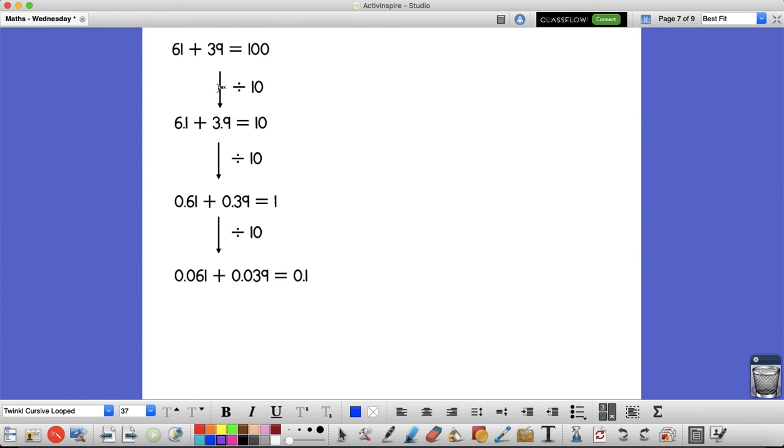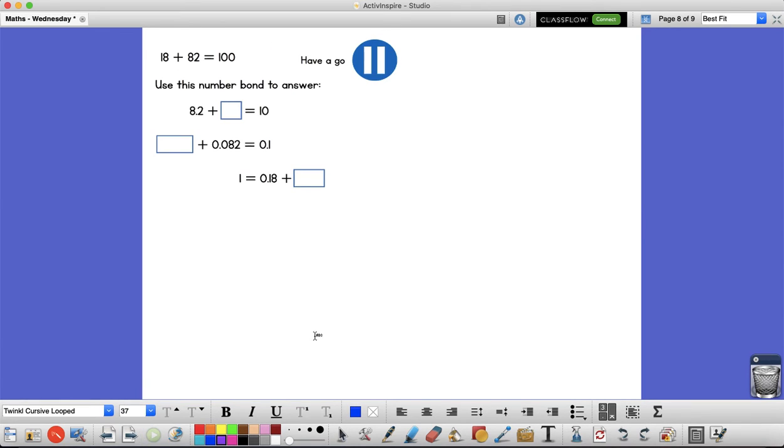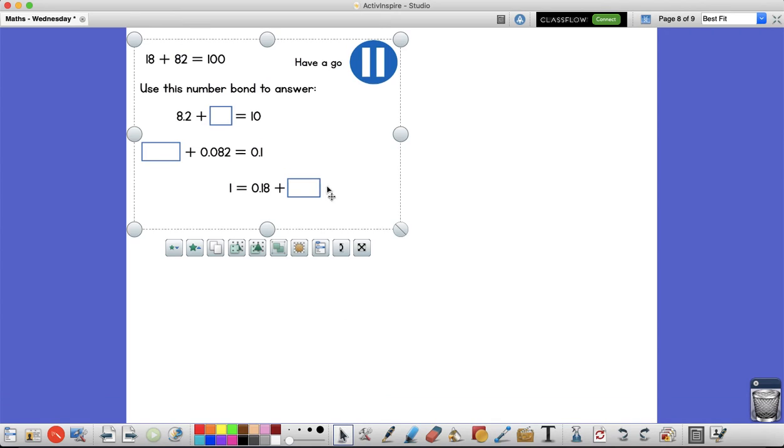Each time you are getting 10 times smaller, which means it's moving one place value to the right.